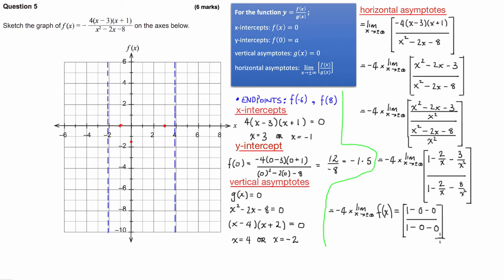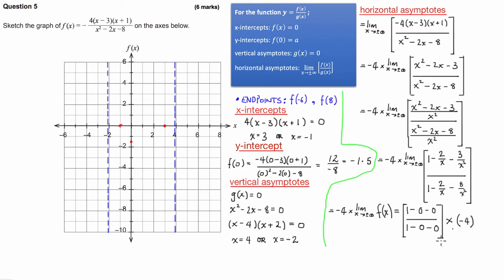So hopefully now you're starting to realize why I divided both the numerator and the denominator by x squared, because then I could make the 2 on x and the 3 on x squared tend towards 0 without affecting the actual function. So we have to remind ourselves as well that all of this inside the brackets has to be multiplied by negative 4.